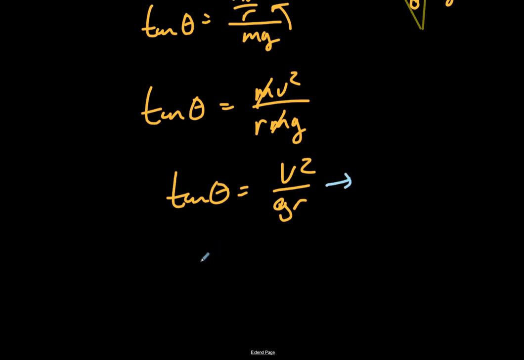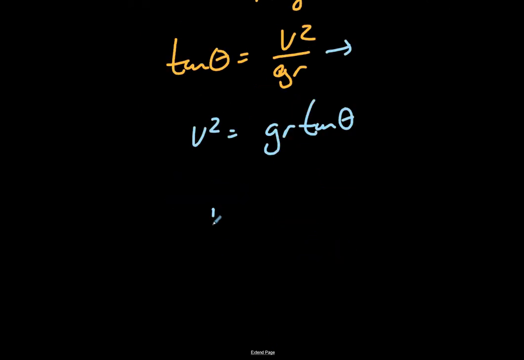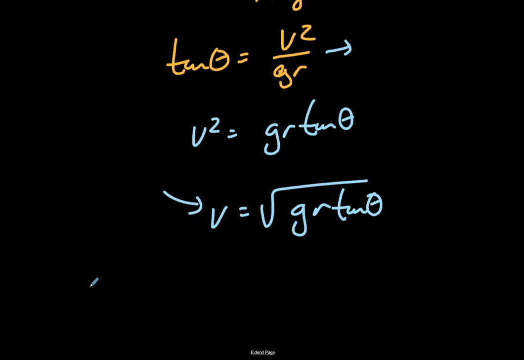We would probably rearrange it to this: v squared equals gr tan theta. Or, if you want, v equals root gr tan theta. So what this is telling us is what velocity I can take a turn of radius r with a bank angle of theta. The perfect speed that I can take that at.